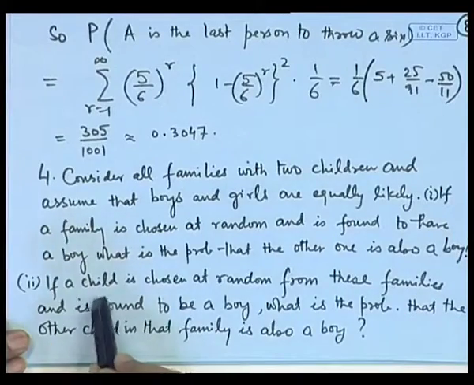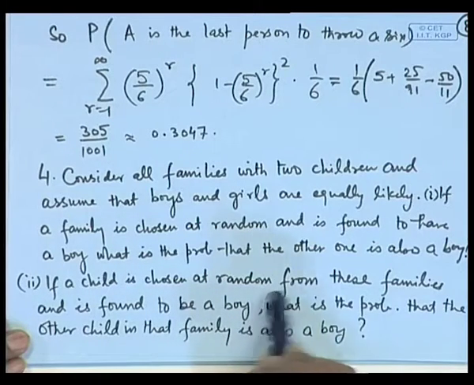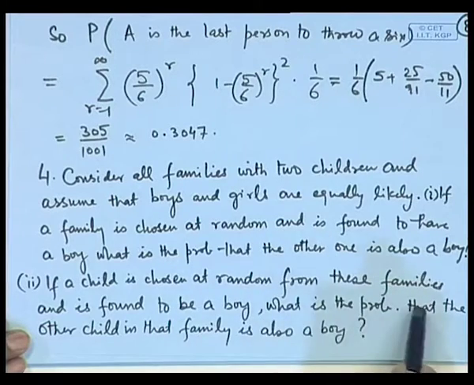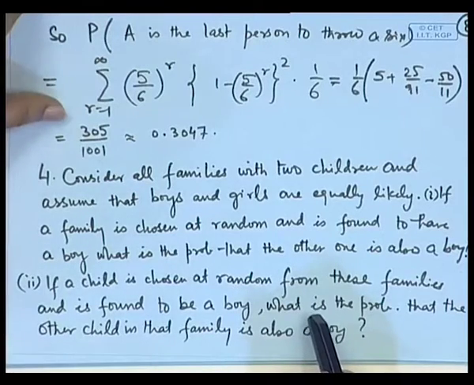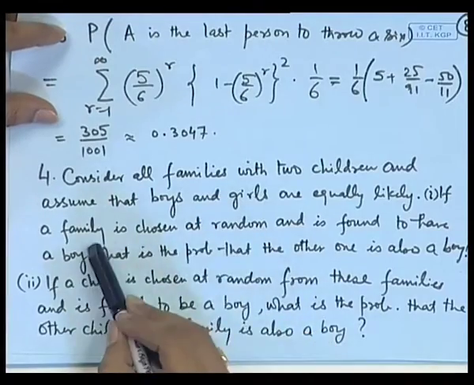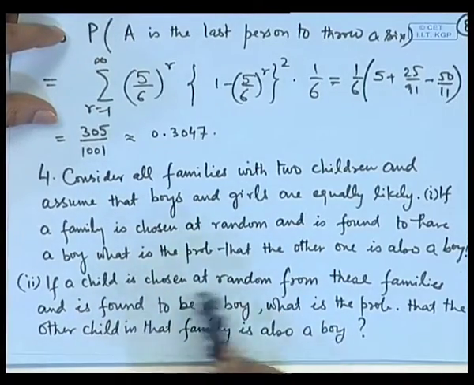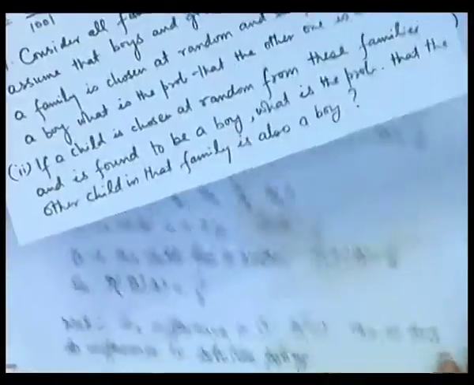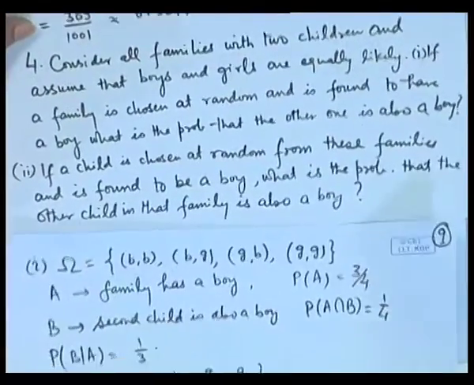In the second part, we ask, if a child is chosen at random from these families and is found to be a boy, what is the probability that the other child in that family is also a boy? Notice here that the sampling scheme is different. In the first one, the family is chosen; in the second one, the child is chosen.